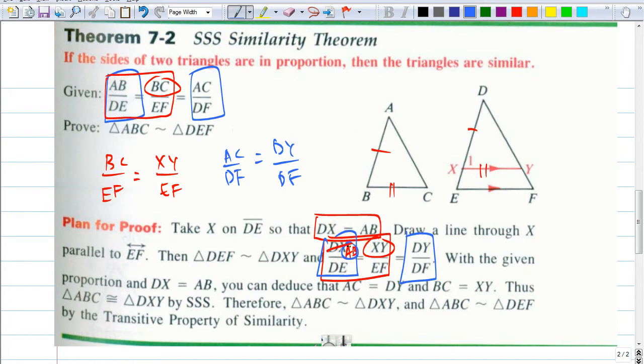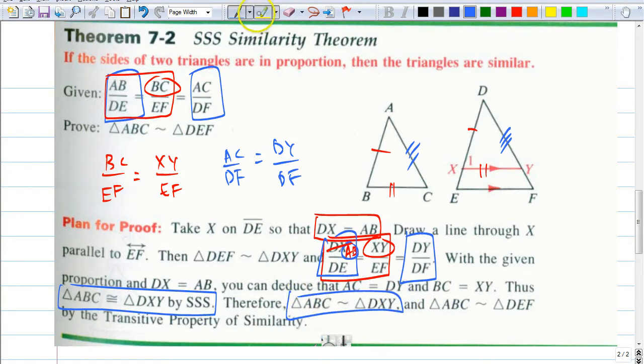That's how we drew this. Multiply both sides by DF, what do you get? AC is equal to DY. Guess what? These two triangles are congruent by side-side-side. If two triangles are congruent, they're also similar. And there's ABC similar to DXY.